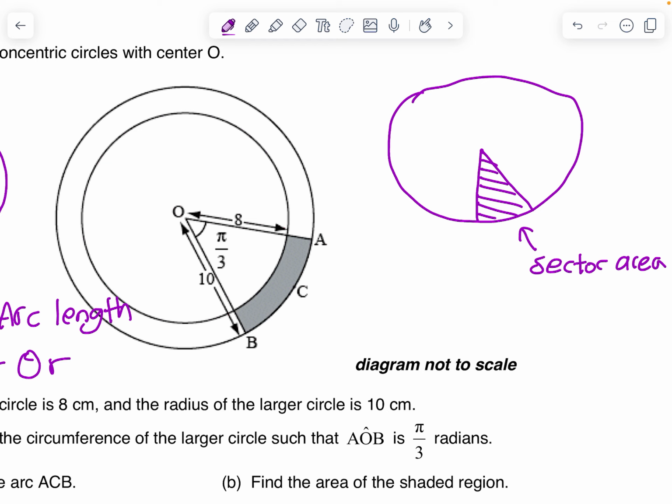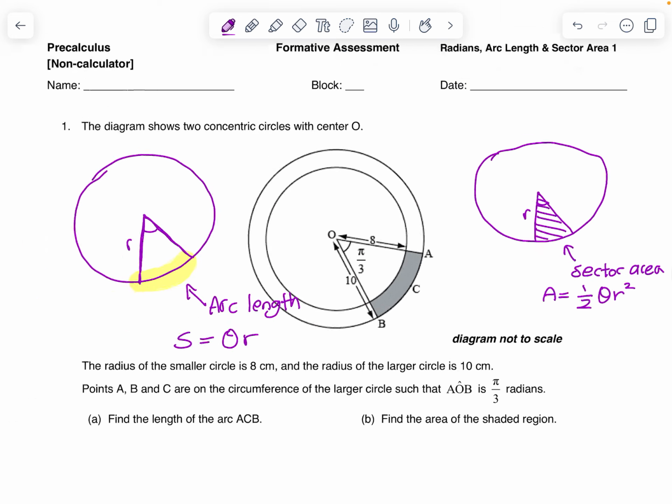And again, we have our formula for that, which is A, area, equals 1/2 times theta times R squared. And so again, theta is our angle here in radians, and R is the radius. And so that's our formula.